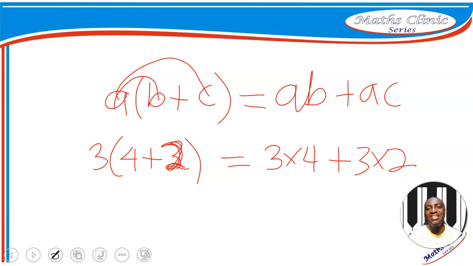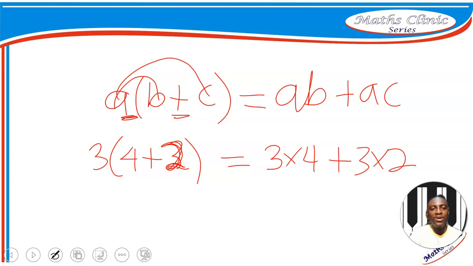Now, what we are saying is that if we solve the left hand side and it equals the right hand side, then we can say multiplication distributes over addition. That is what we learned from our previous lessons.